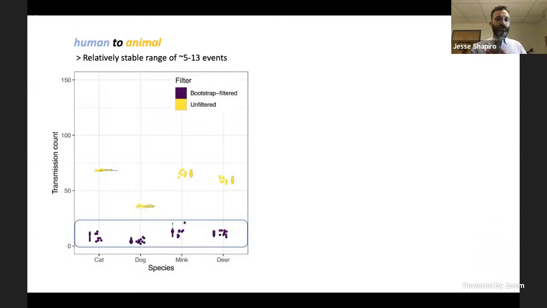In the dark color are the bootstrap filtered. I'm going to pay more attention to these. So you can see it's much more conservative. We see a pretty stable range of about 5 to 13 events where humans likely transmitted to animals. So it's pretty stable across all the different animals. When we don't filter for bootstraps, we get a lot more, but I'm a lot more confident in these.